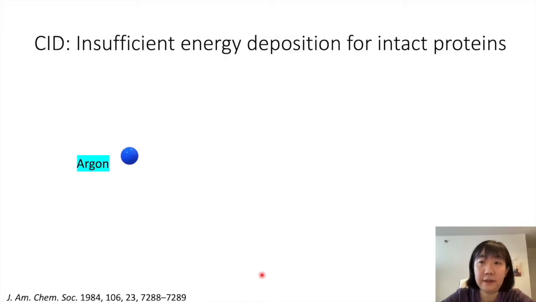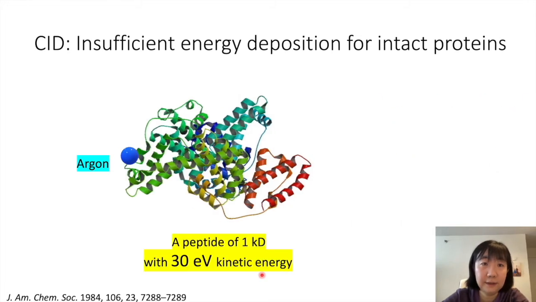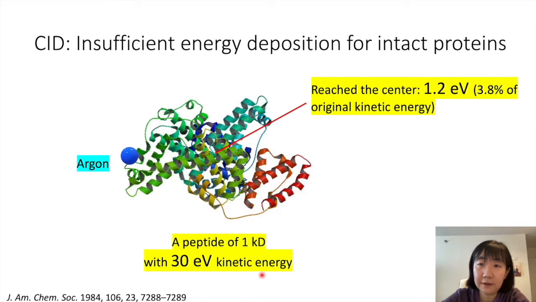Here is an example. There is argon in the collision cell, and we let a 1 kD peptide ion with 30 electron volts of kinetic energy move forward and hit the argon. A part of the kinetic energy is transferred to internal energy of the peptide ion.